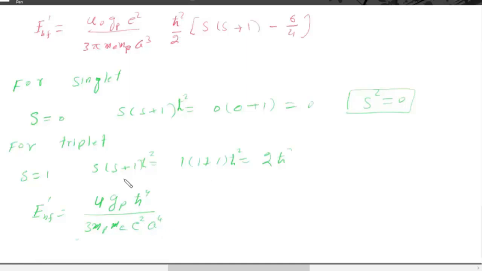Okay, and then there are two states, for the singlet and for the triplet. Then we can write this in two ways.